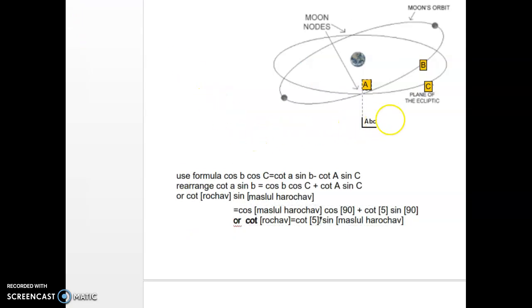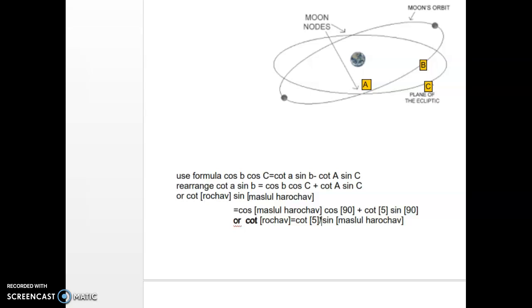Okay, so the proper formula is like this: you take cotangent rochav as cotangent 5 divided by sine maslul harochav. That is how you figure out the final solution for this problem.